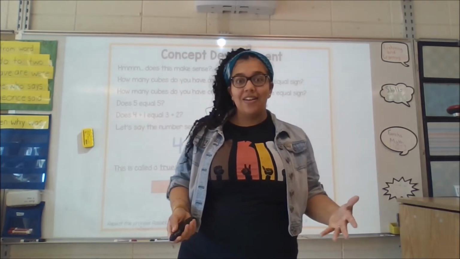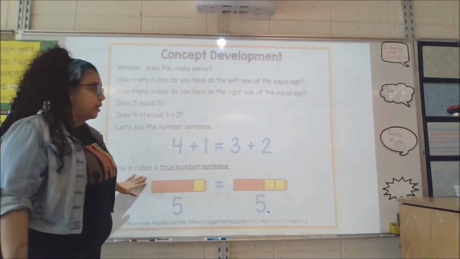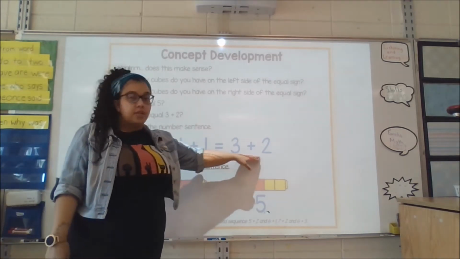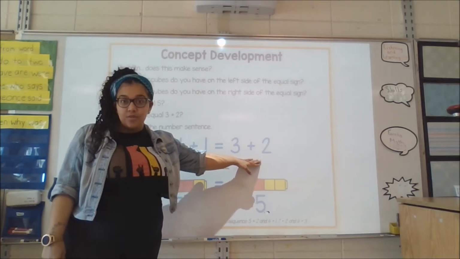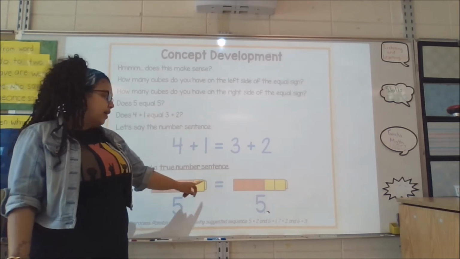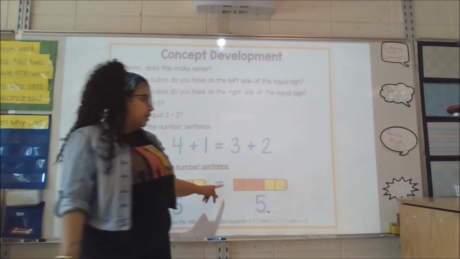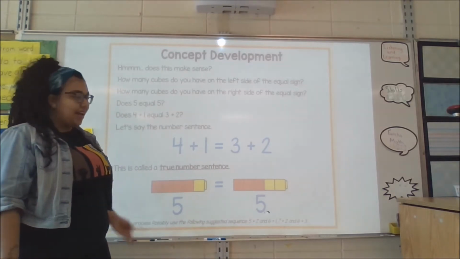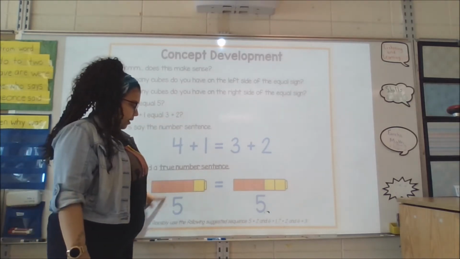Are you ready? Okay. So like in these pictures here, the example says that 4 plus 1 is equal to 3 plus 2 because we're reading it as it is written. They're showing us an illustration, so 4 red cubes and 1 yellow cube is equal to 3 red cubes and 2 yellow cubes. Well, at the end of the day, on this side, there are how many cubes? 5.